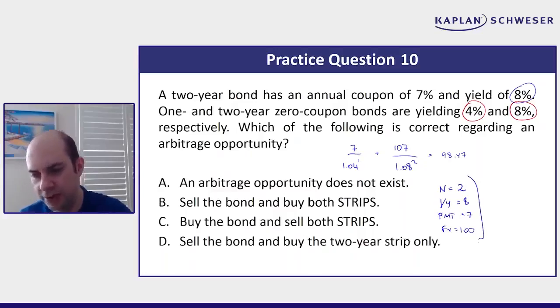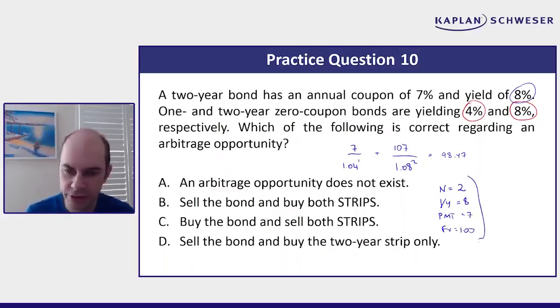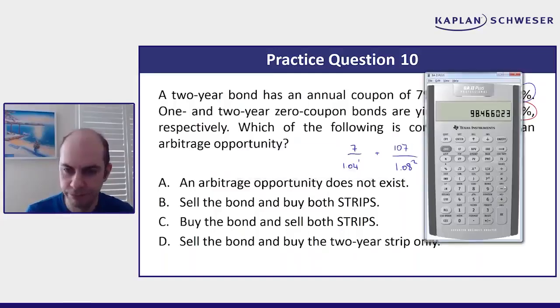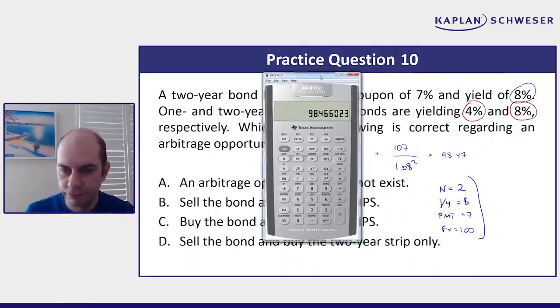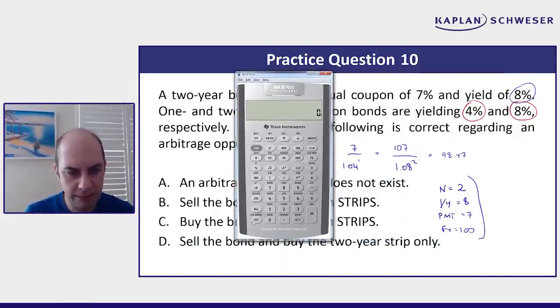So what is the price based on this data? Okay, so I'm going to clear the memory here, second future value. So I've got 2 N, 8 I/Y, 7 payment, 100 future value, and I'm computing the present value to get 98.22.